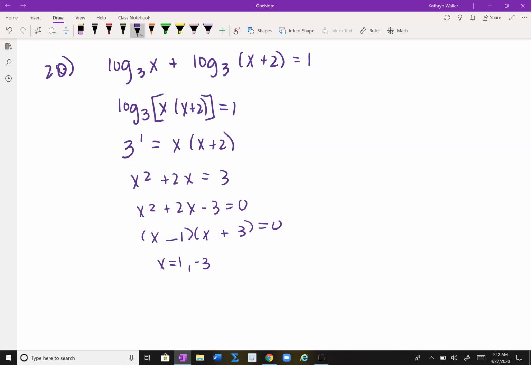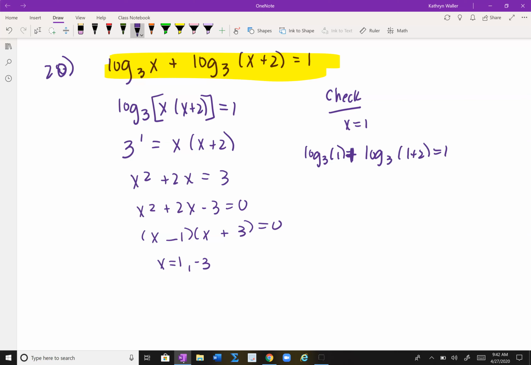You have to be careful because this was given in log, so you are required to check. So if I write x equals 1, please make your checks very clear. You write the original problem down and you put in a 1. Okay, I got a 1 on the right, so write that down.